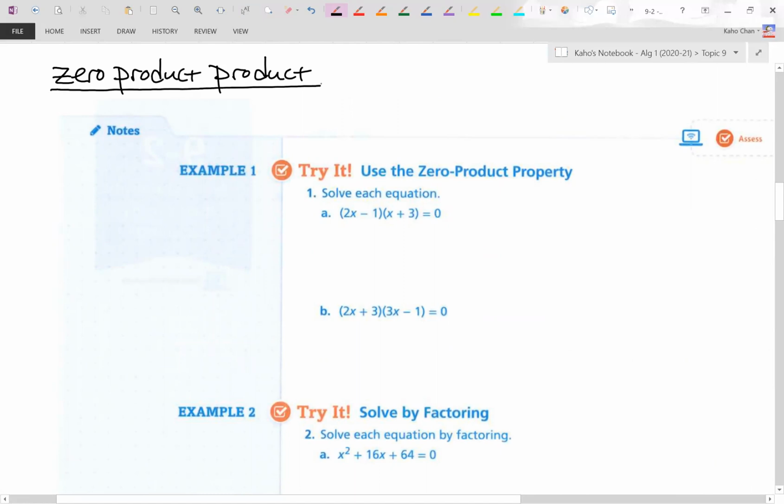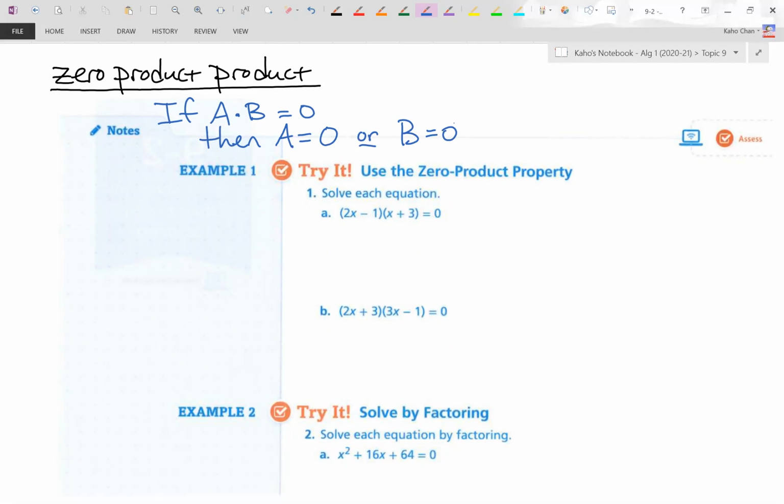Basically, it says this: if A times B equals 0, meaning if you multiply two things together and they equal 0, that means one factor or the other equals 0, because the product equals 0. One of them has to be 0, or both, okay? So that's called the zero product property. A and B are the factors.